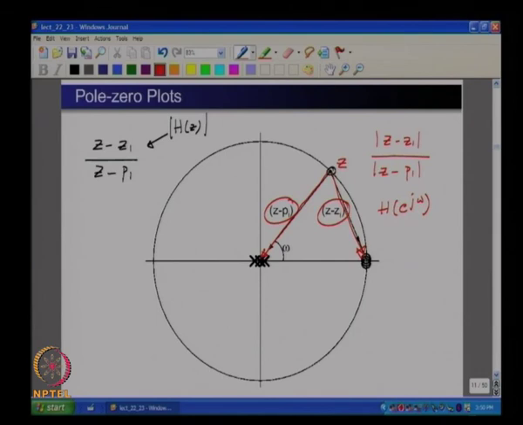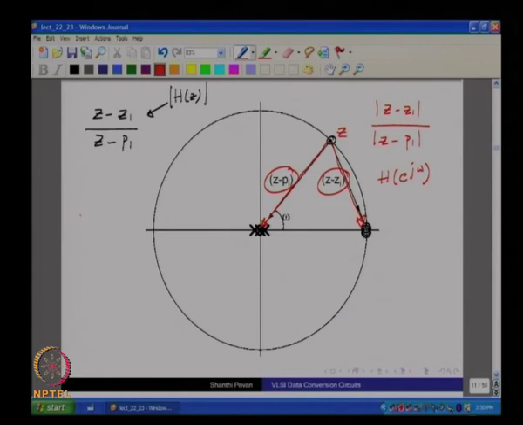So, what I wanted to point out is that when we have (1 - z^-1) the whole cube, what is happening? There are 3 poles at the origin, and then there are 3 zeros at DC, or z equal to 1.